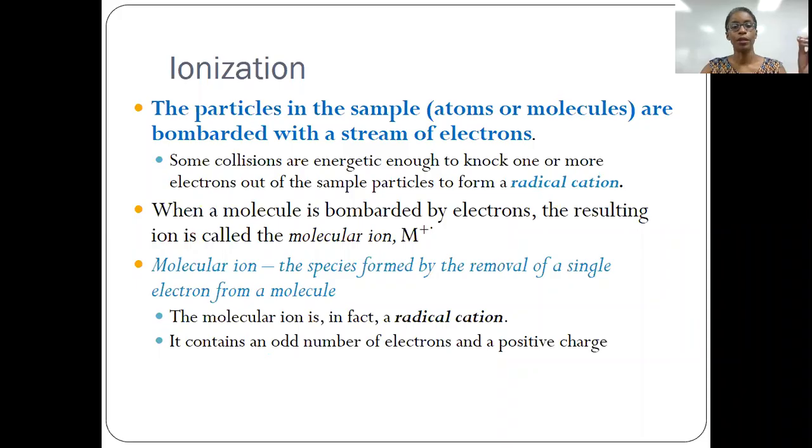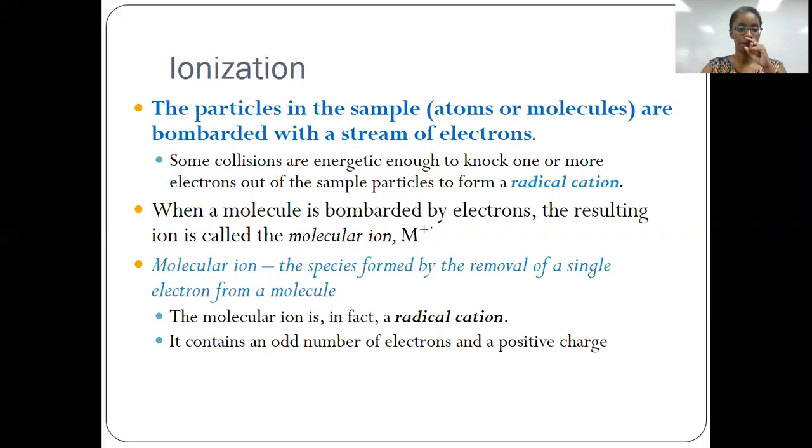So when the molecule bombards the electrons, we get what we refer to as our molecular ion. Now, this is not by accident that I have both a positive sign and a dot here. Remember, your radical cation. We had looked at the formation of radicals when we have heterolytic fission, homolytic fission, where the bond breaks in such a way as to leave the electron unpaired.